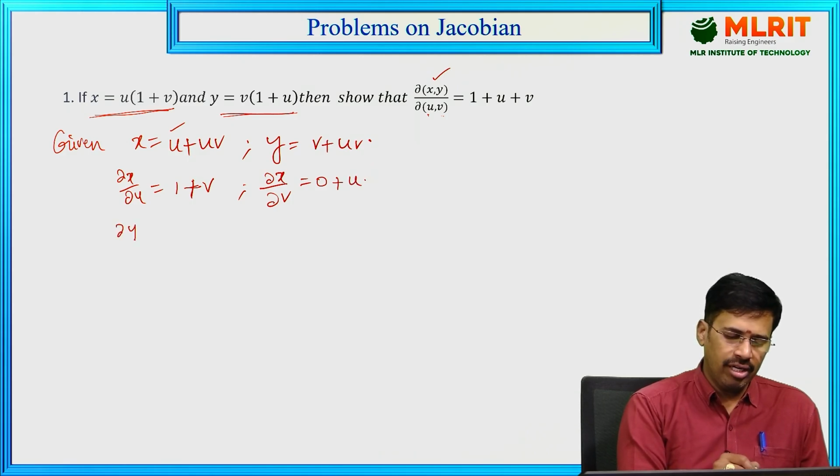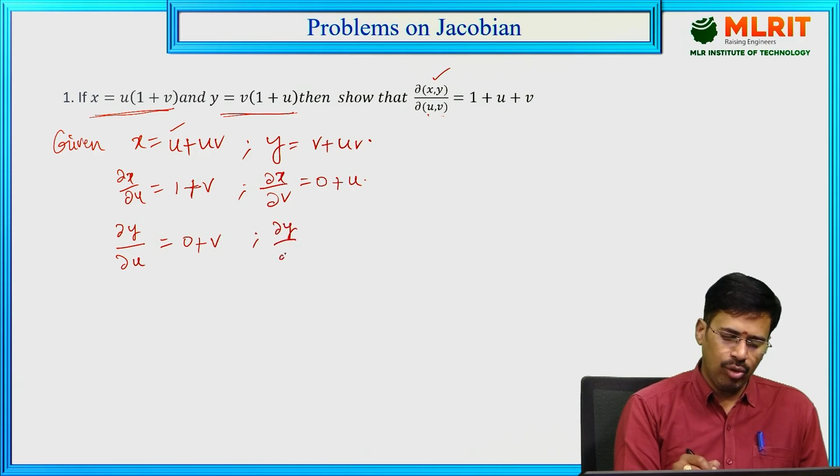Coming to y, differentiate y partially with respect to u, so dou y by dou u is 0 plus v. And dou y by dou v, differentiating y with respect to v, so v derivative is 1 plus u.